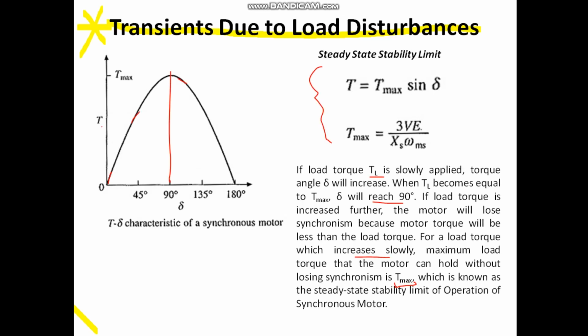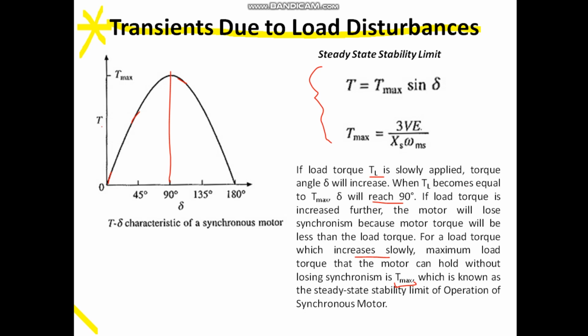If a load torque TL is applied suddenly, then the motor may lose its synchronism, even if the load torque is less than the maximum torque the motor can develop.